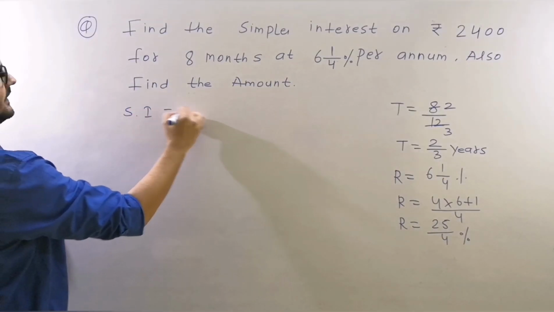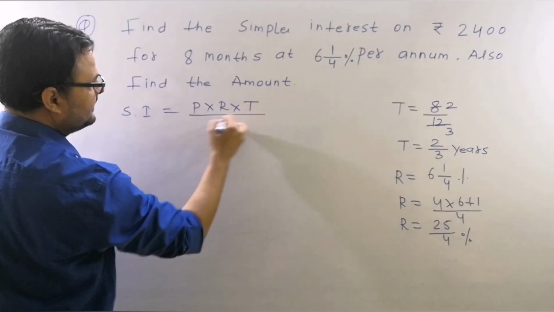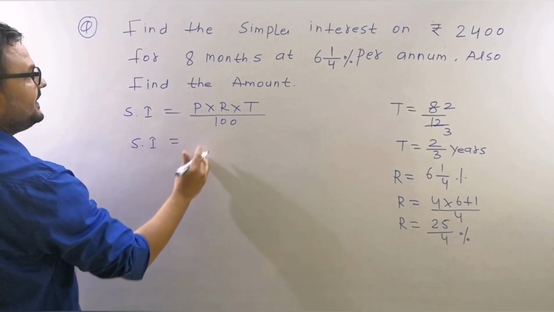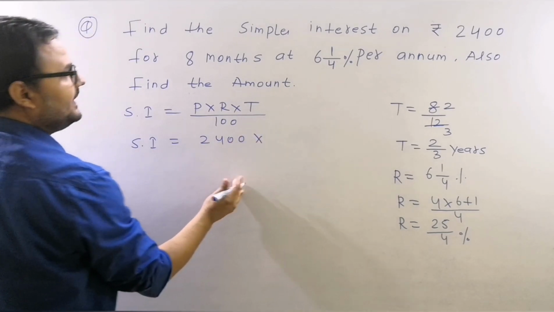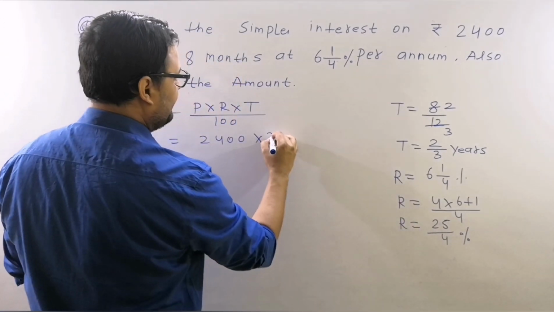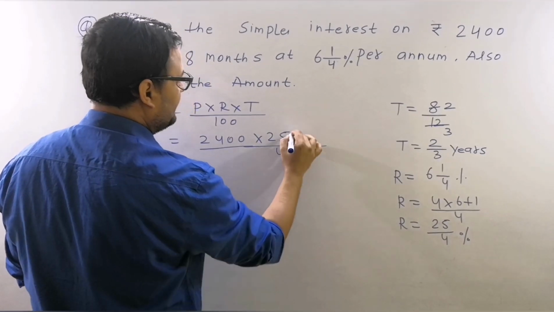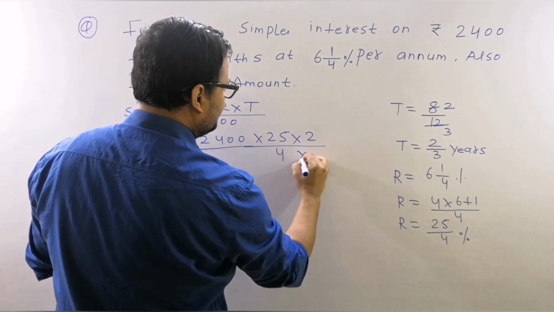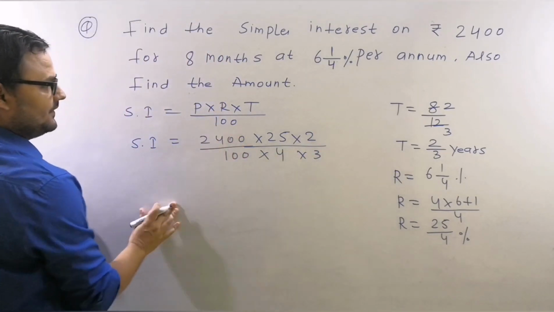SI equals P into R into T by 100. Then SI is going to be P, we have 2,400, into rate. Now rate we got 25/4. I told you 25 will come, 4 will come down. Time we got 2/3. So 2 and 3, and by default 100 will come from the formula.